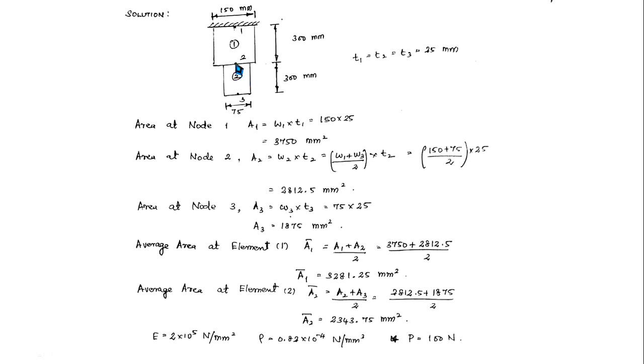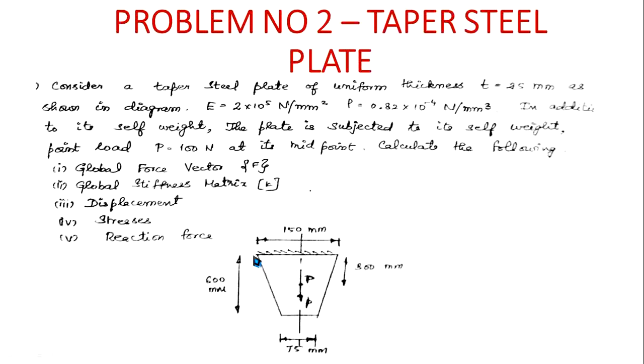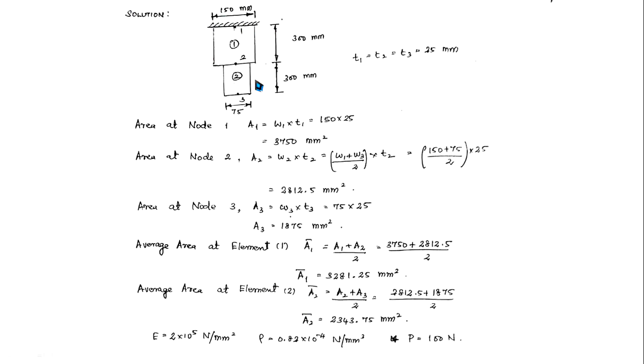Since a load acts at the intermediate, that is the midpoint of this plate, we have divided it into two elements. This is element number 1, element number 2. They are kept as a stepped bar. It has a constant uniform thickness, which is 25 mm throughout this member.